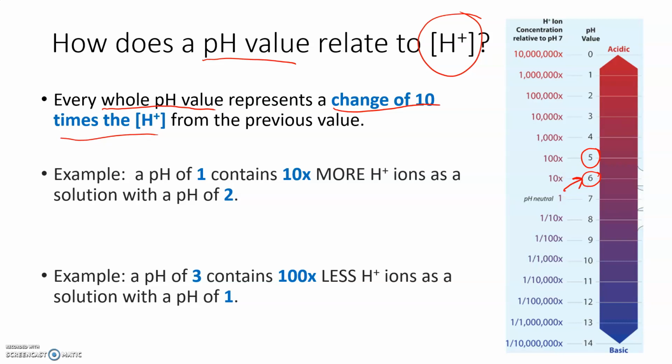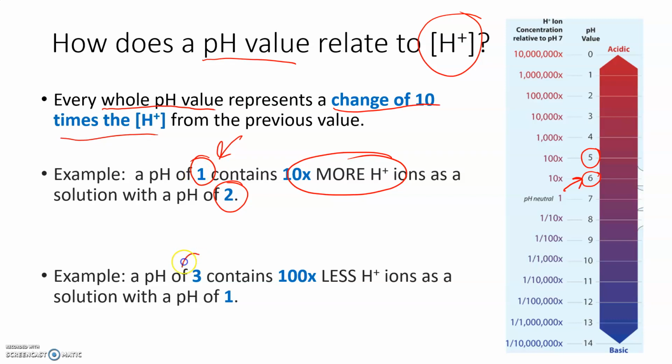So let's look at it this way. If you had a substance that has a pH of 1 compared to a substance that has a pH of 2, this is the more acidic substance with a pH of 1, so it would have 10 times more hydrogen ions present than the substance with a pH of 2.